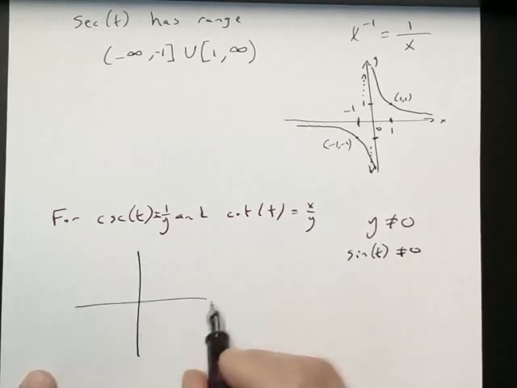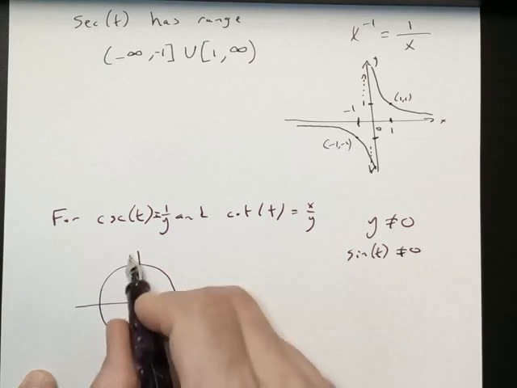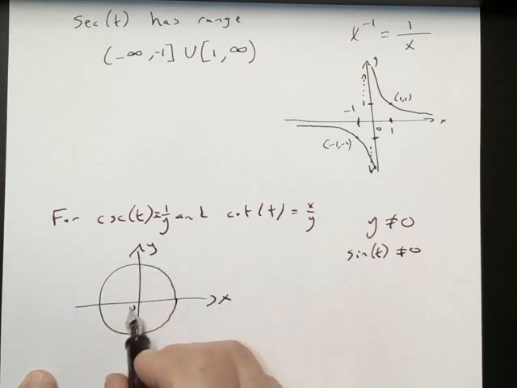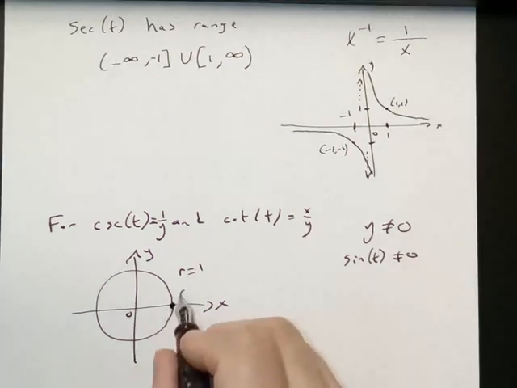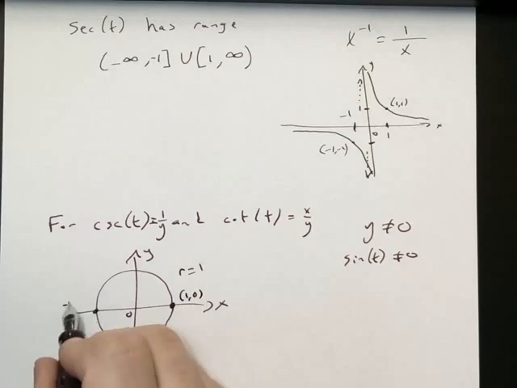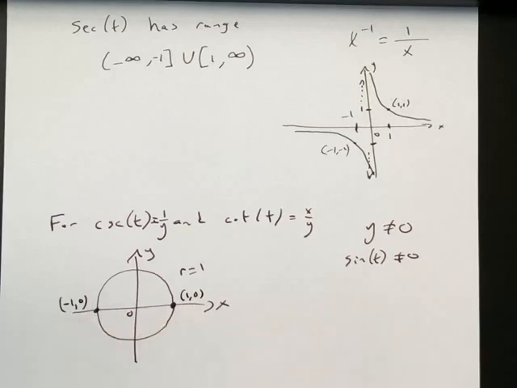Go back to my circle. The radius of this circle is 1. Which points have y value of 0? David, what did you say?